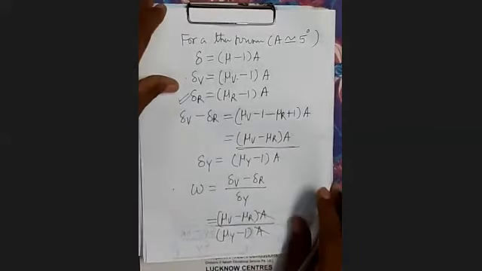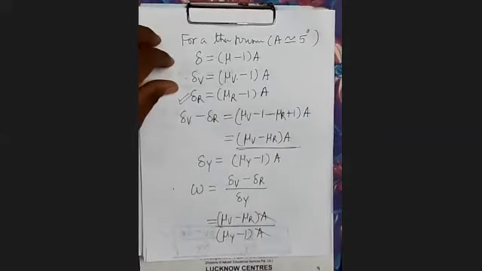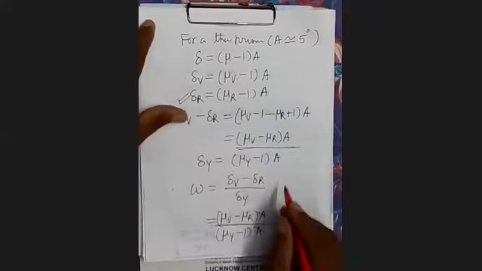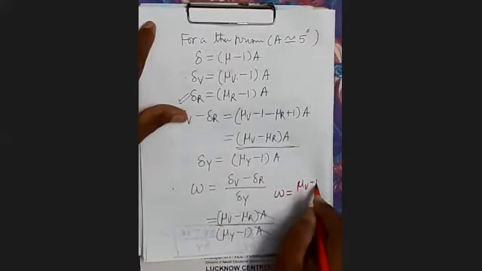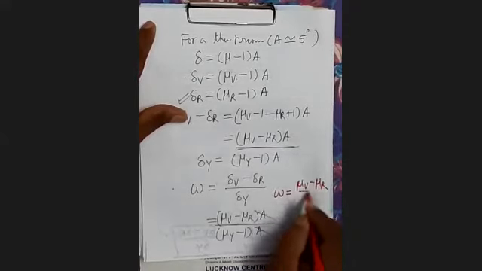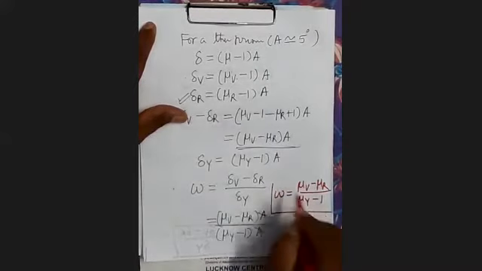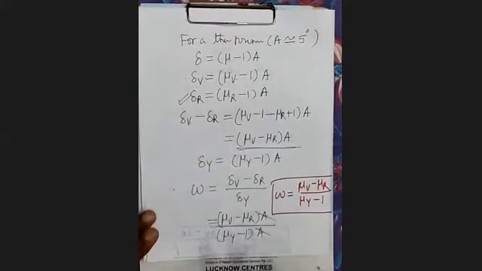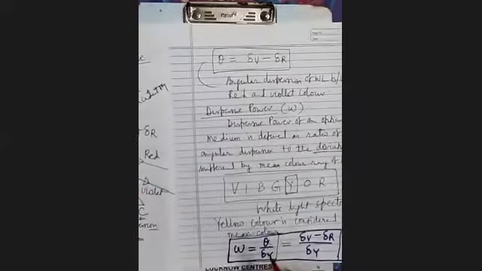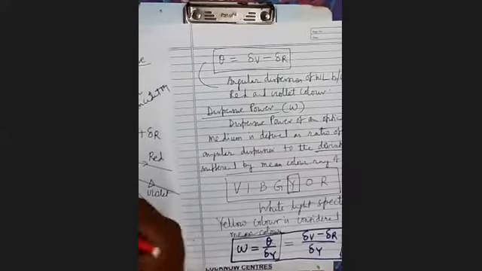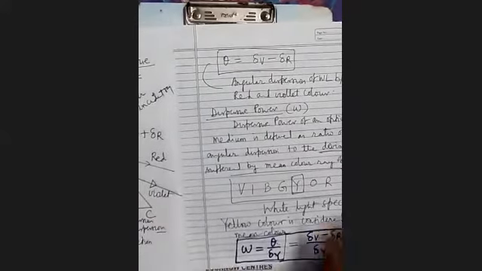So in case of the thin prism, omega equals mu V minus mu R upon mu Y minus 1. But this will be used only for a thin prism. Otherwise, we will use the one which we have derived earlier. It's clear? So this is the dispersive power.